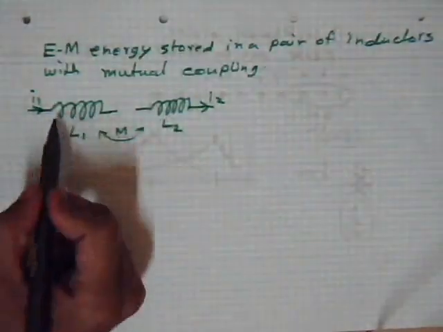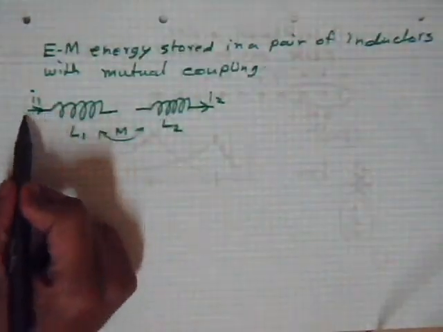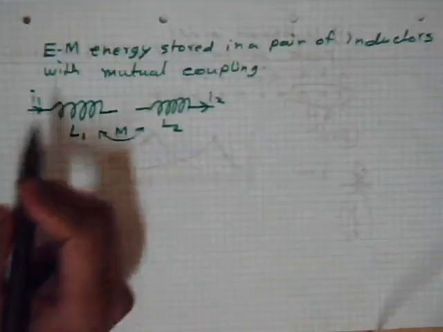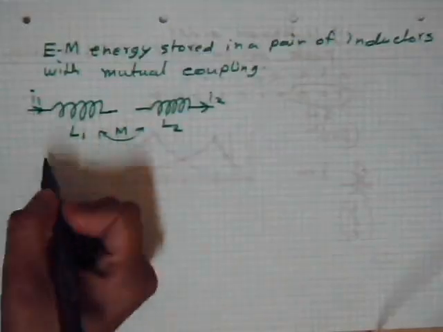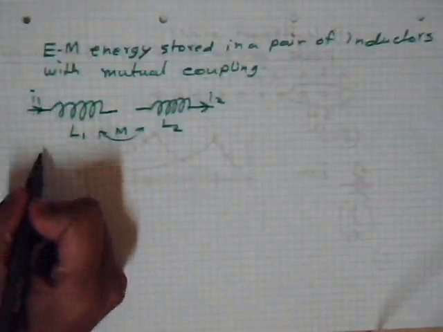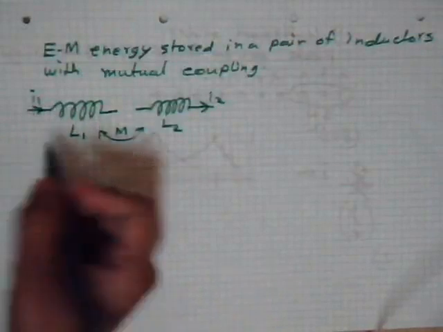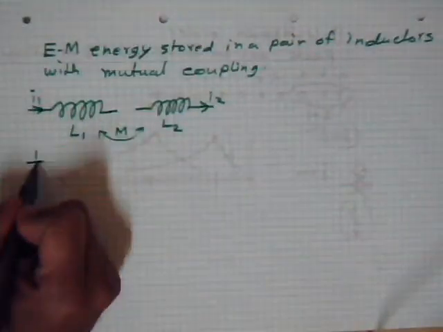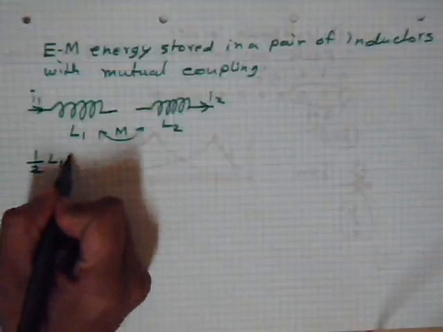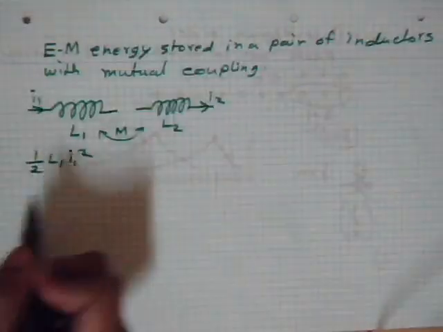Now previously we have seen that when we increase the current from 0 to I1 in the first coil, due to the self-inductance, the stored energy will be half L1 I1 square.